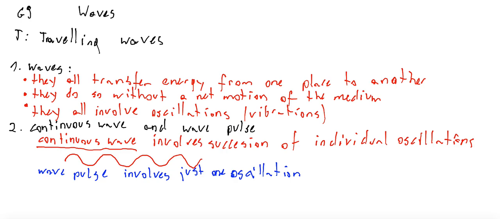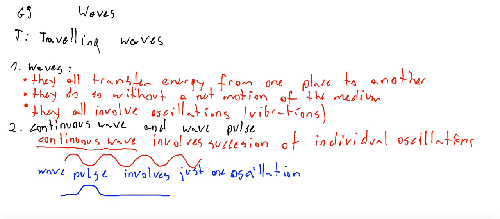We can imagine a string which is extended and shaken just once, and this pulse which disturbs the string travels from left to right, and you can see at any time only one pulse.